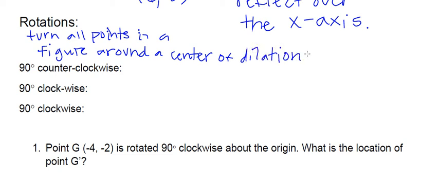So there are three rules. Two of them are alike, one of them's a little different. So the ones that are similar are the ones that are counterclockwise and clockwise.